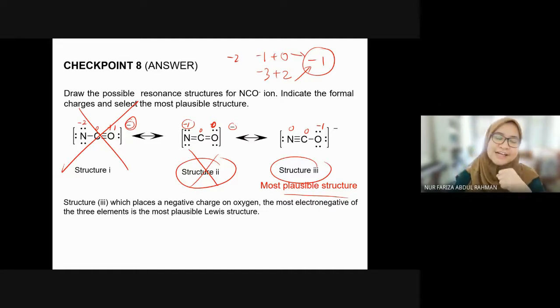Tapi kadang-kadang keadaan malang tu still boleh berlaku. Macam saya cakap, you want negative 1 kan, somehow you terkira sini negative 3 and then sini you kira positive 2. You still get negative 1, betul tak? Okay, and then you akan remain this formal charge as your answer. You takkan tukar sebab you dah check.